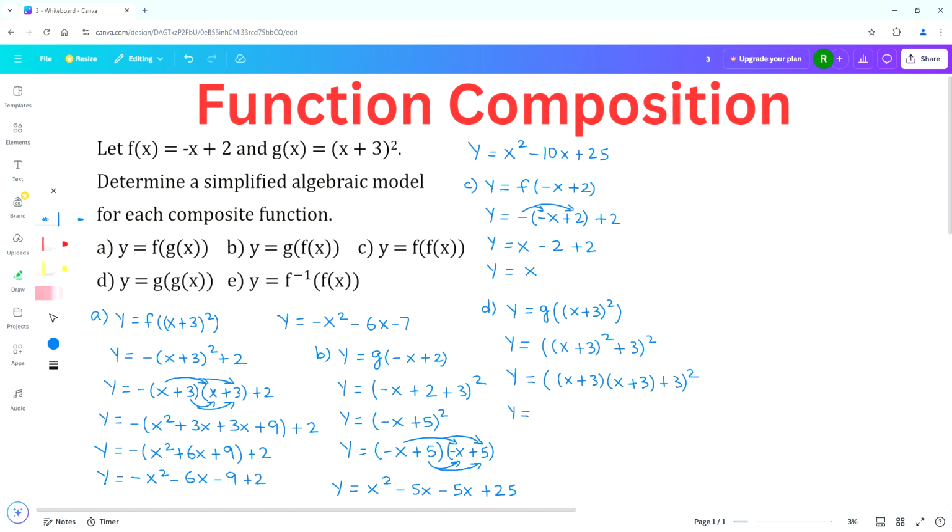We should distribute the terms in the parentheses using the FOIL method. Next, we can combine the like terms.